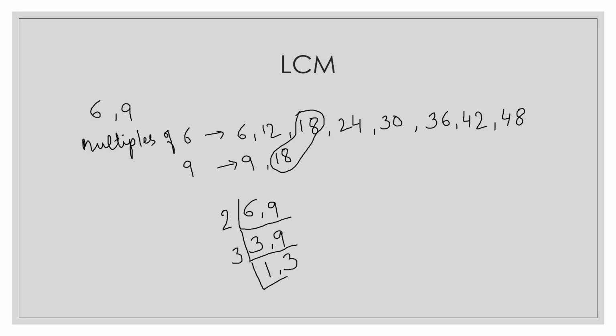If I divide it again by 3, it will be 1 and 1. So we continue dividing it like this till we get the number 1s at the bottom. Now LCM will be 2 into 3 into 3. Right. So what will be the number? This will be again 18. So this is another method which is quite easier as compared to writing multiples, because for bigger numbers you won't be knowing the multiples. So you can calculate it like this.